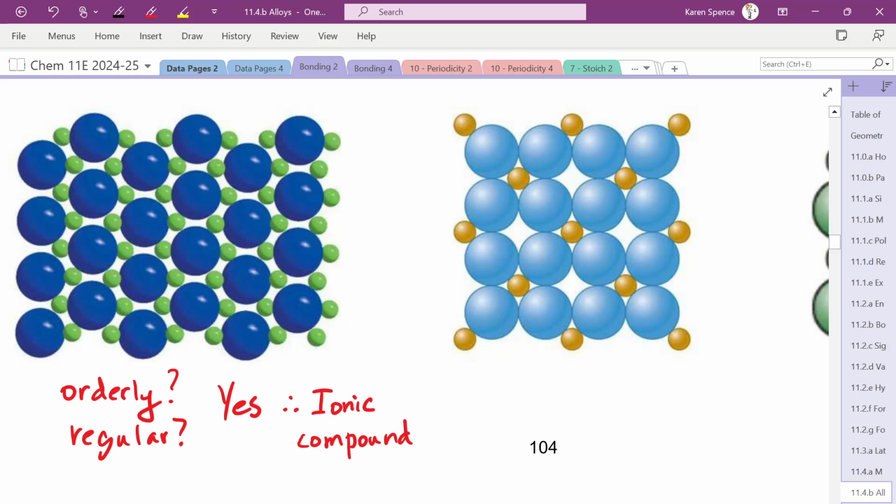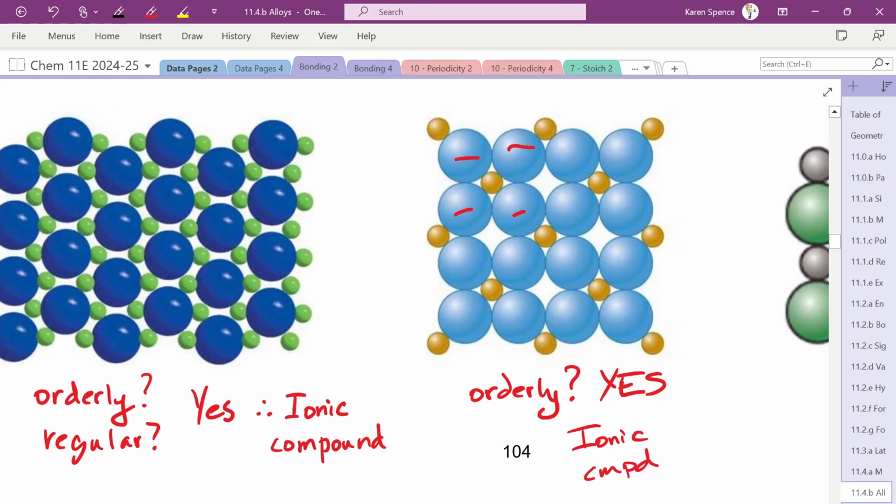How about the next one? Is it orderly? Yes. So I would say not an alloy. That's probably an ionic compound. But like I said, I'm guessing that whoever's doing that, they'd stick some nice charges on here for you. You know what I mean? Right? I think that's going to happen.